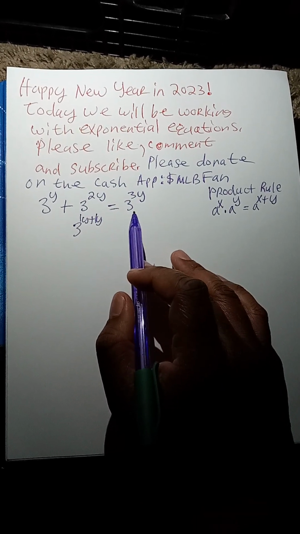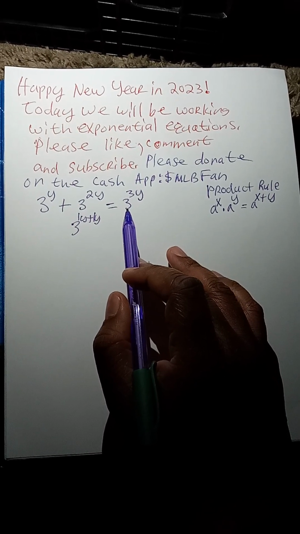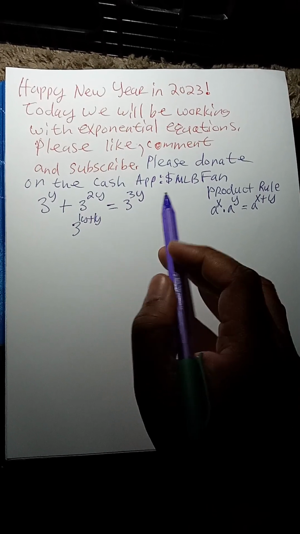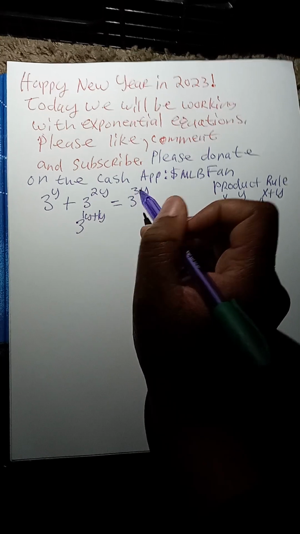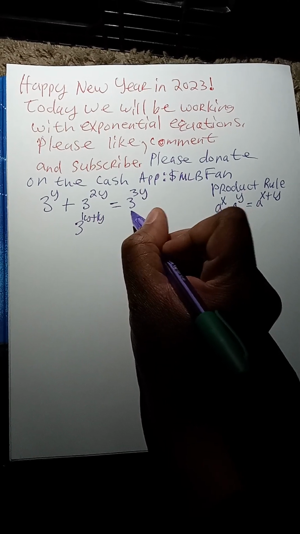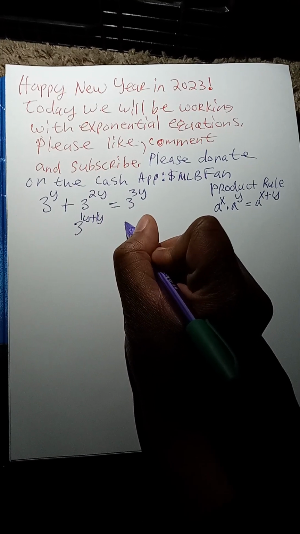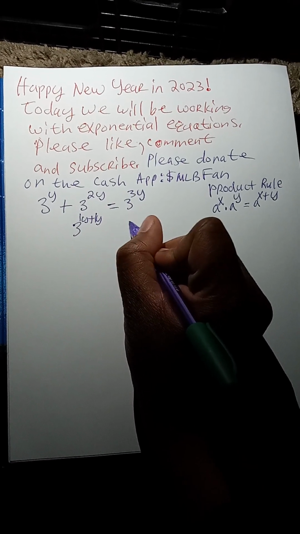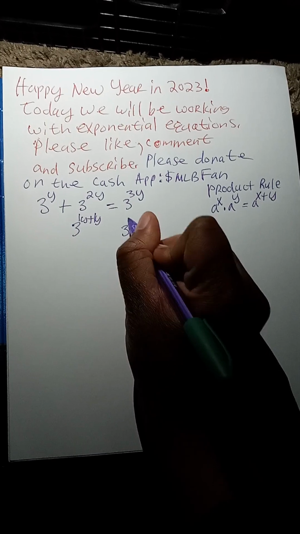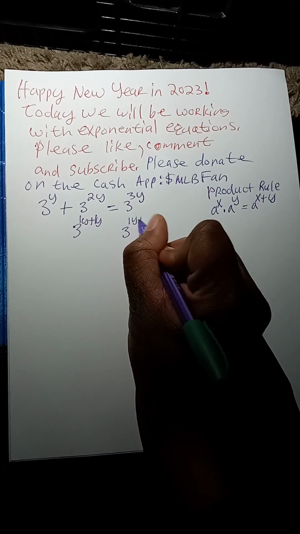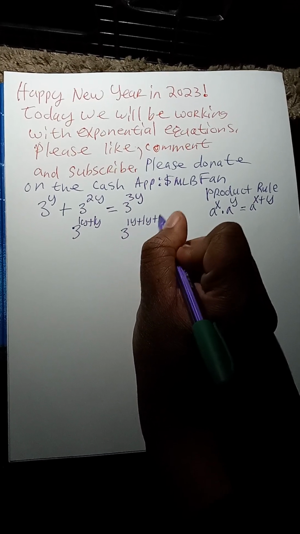We can go ahead and break up the 3 to the 3y right now, which is 3 to the 1y plus 1y plus 1y.